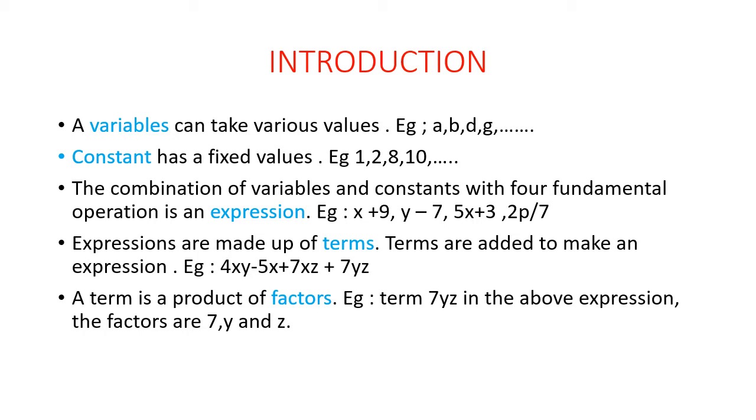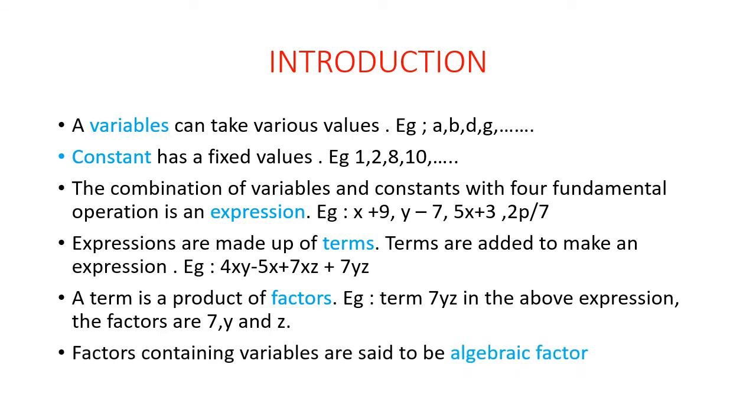A term is a product of factors, so the factors of this term are 7, y and z. Three factors. Factors containing variables are said to be algebraic factors. Here we take only the factors that are variables, and we can call those algebraic factors.